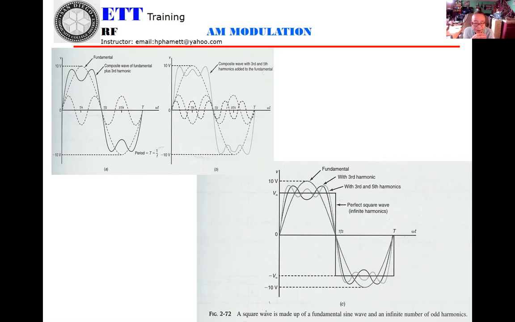Third harmonic will be 3 kilohertz, fifth harmonic 5K, seventh harmonic 7 kilohertz, and so on. They keep going, and that's why they make up a square wave. So my question is, what is the bandwidth of a 1 kilohertz square wave?